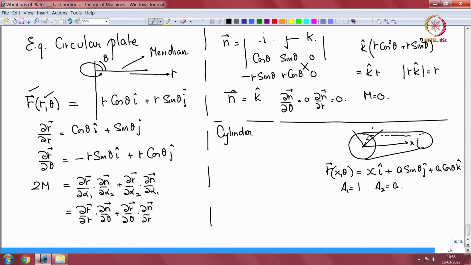Okay, so now I have to check this part out, m is 0 or not. I need to look at del r by del x, which is equal to i, then del r by del theta, which is equal to a cos theta j minus a sin theta k.